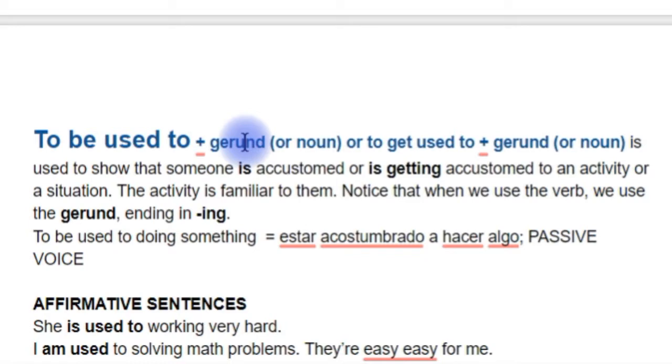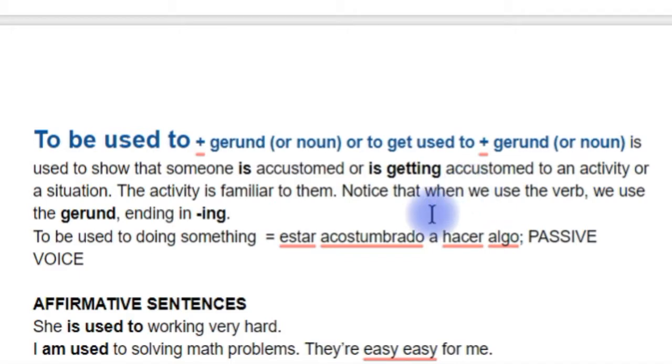you are going to use the gerund. Also very similar is to get used to. Eso es estar acostumbrado y estoy acostumbrándome. I'm in the process. I'm getting used to it. Or I get used to it means that you are in the process of getting used to, or maybe in the past, you got used to, te acostumbraste a.